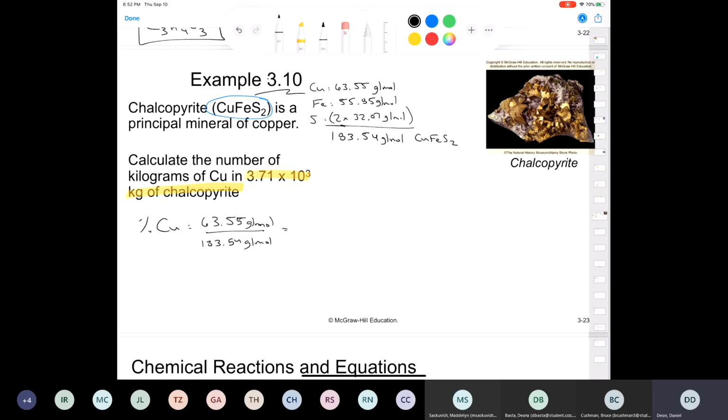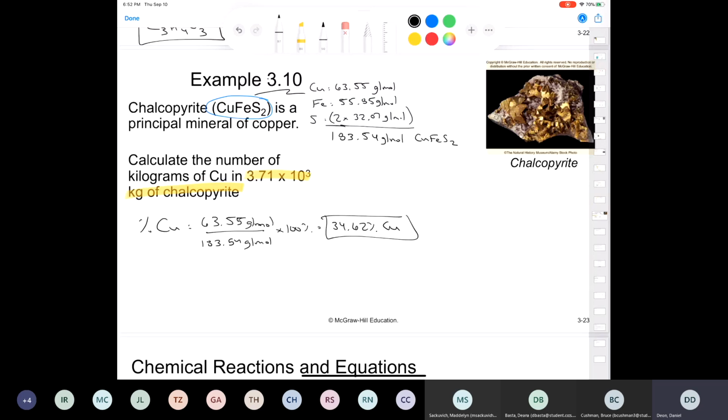Now I'm going to do the math to double check myself. 63.55 divided by 183.54, and I multiply it by 100% just for fun. You end up with 34.62% copper in that mineral, okay?